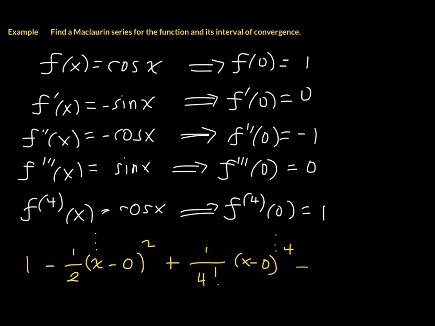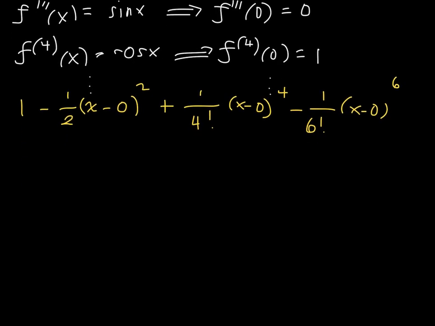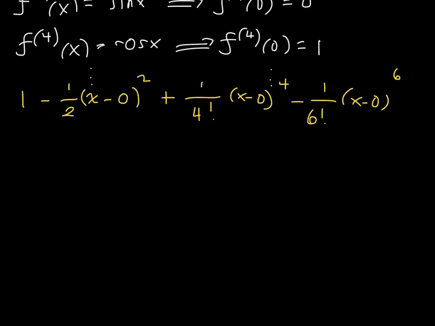Minus, right? Because these coefficients repeat in a pattern. And so then we have minus 1 over 6 factorial, x minus 0 raised to the 6th power. So I can make this nicer and more concise.